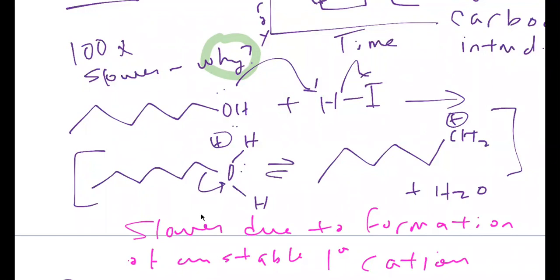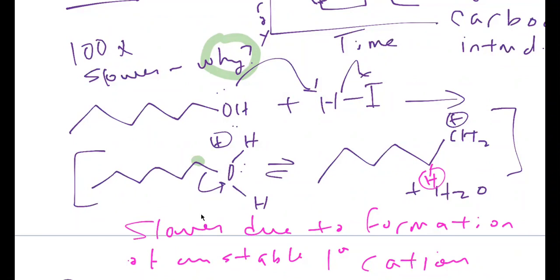The iodide would come in and attack directly at this carbon right here, and it would just go through an SN2 type mechanism, because the rearrangement may cost too much energy. Yeah, you have to take a hydride. If you think about doing a hydride shift, that will happen from here, and then it would give you a secondary carbocation. But it may cost more energy to do that than it does for iodide just to attack directly. That's a good question.